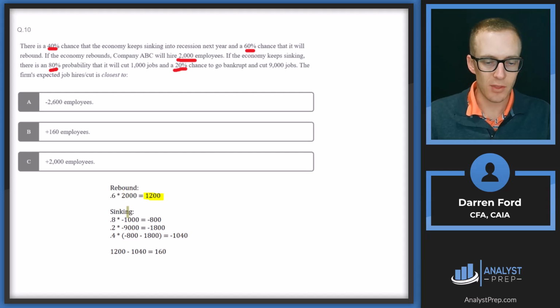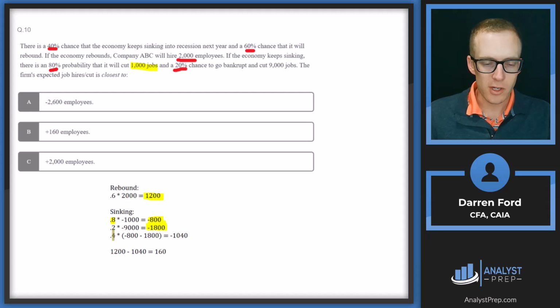And then under sinking, there's one additional layer here. So if we sink, there's an 80% chance that we cut 1,000 jobs. And that's given right here. And then there's a 20% chance we go bankrupt and cut 9,000 jobs. So under these scenarios, we're expecting to cut 800 or 1,800. These are going to be these contributions here.